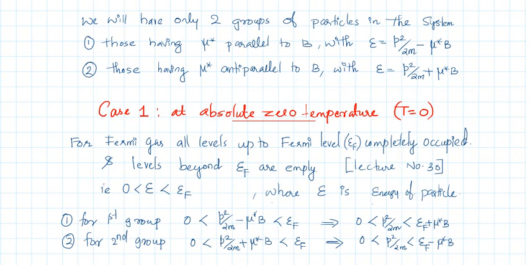Once we have the kinetic energy of the particles, we can find the total number of particles in each category. How can we find the total number of particles?